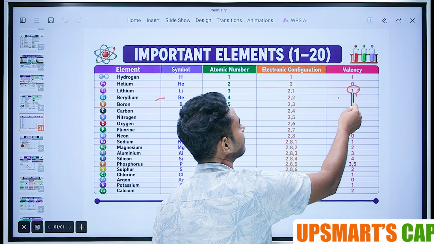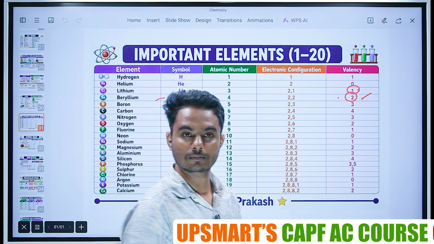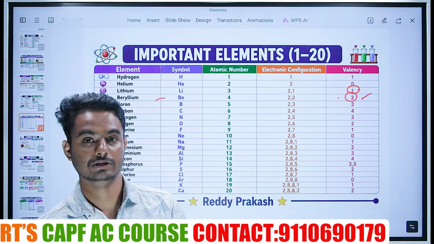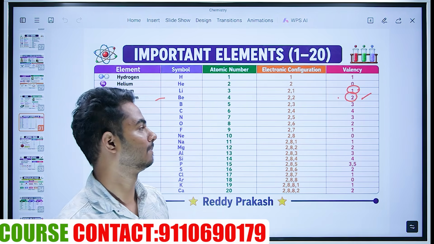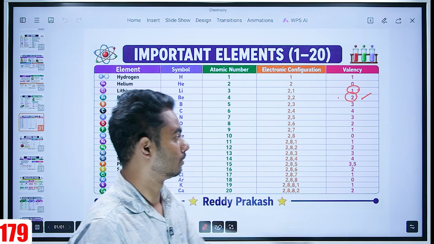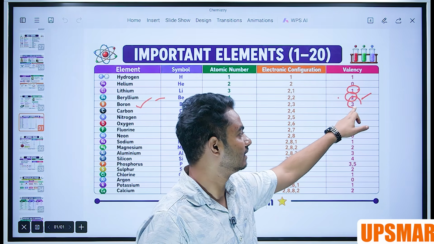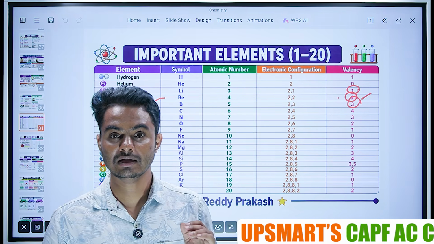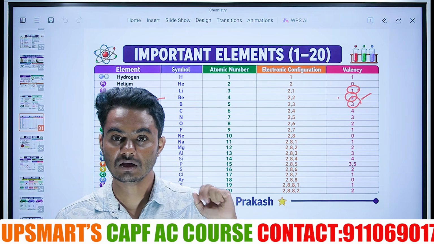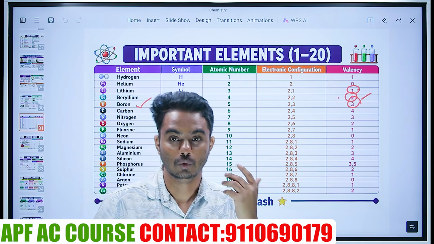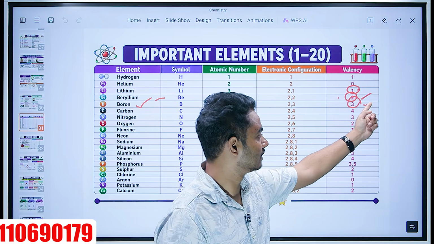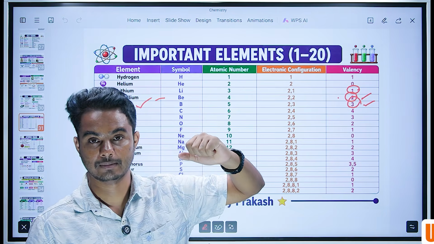Losing 2 electrons is easier. That is, the valency of beryllium is 2, not 6. Next, boron. It has 3 electrons in the L shell. To get stability, it has to gain 5 electrons or lose 3 electrons. Losing is easier, so the valency is 3, not 5.